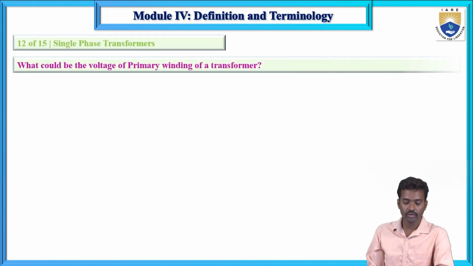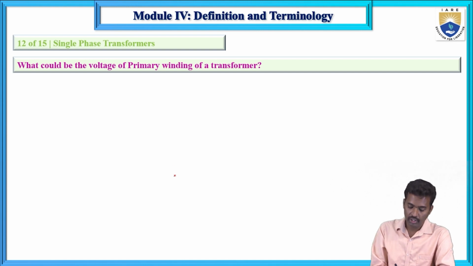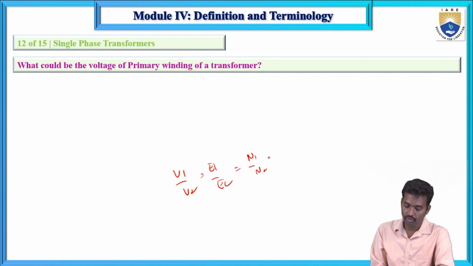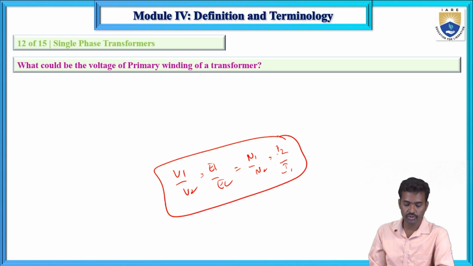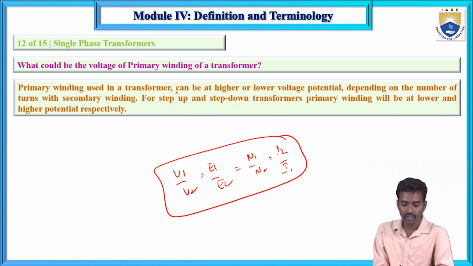Next, what could be the voltage of the primary winding of the transformer? Here V1 by V2 equals E1 by E2 equals N1 by N2 equals I2 by I1. So the primary winding used in the transformer can be at higher or lower potential depending upon the number of turns only.